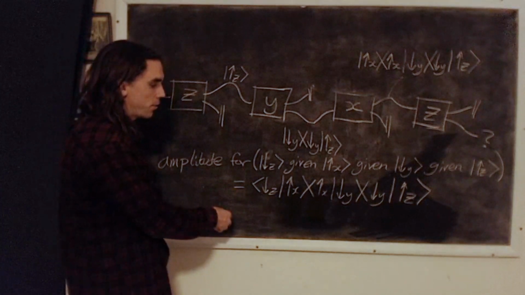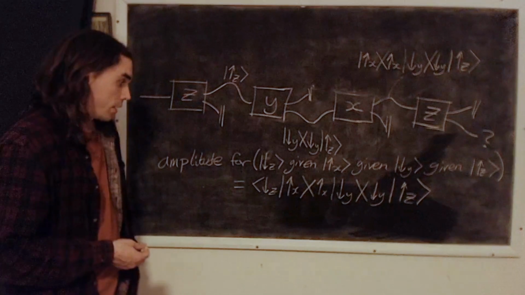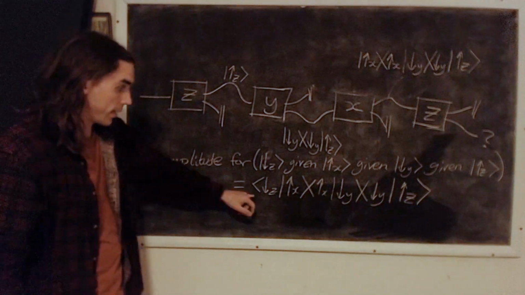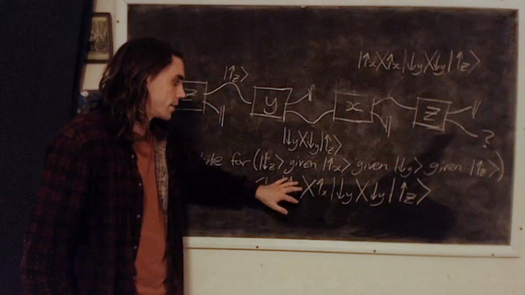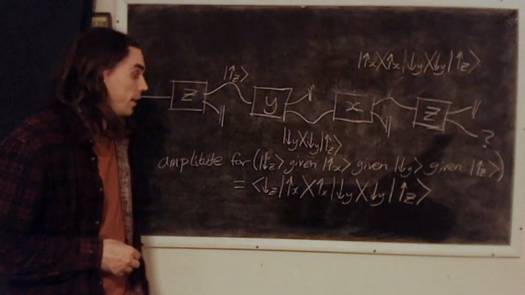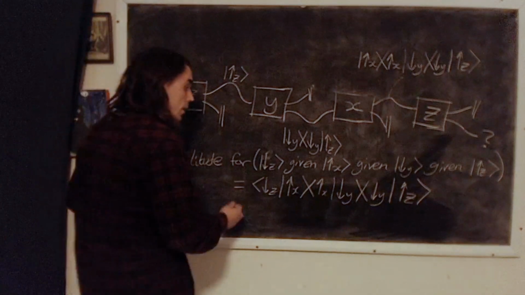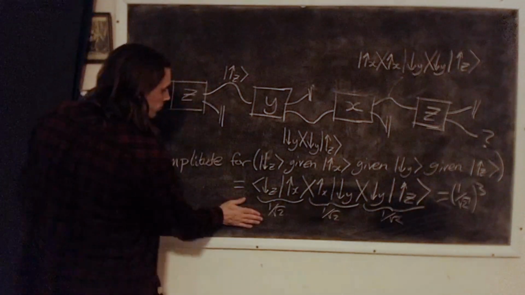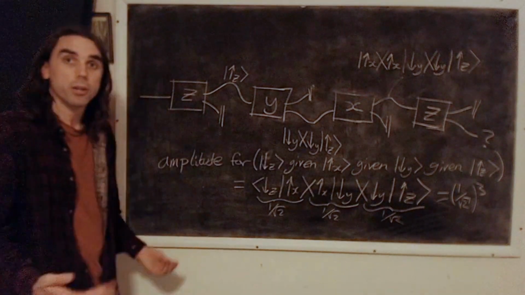And we happen to know that each of these different things, you can work it out using the matrices, or we can just use the fact that the probability for it being measured in any particular given state in z, given a certain state in x, and the same is true for any orthogonal measurement, the amplitude must be 1 over root 2, so the probability is a half. So we get the following, 1 over root 2 cubed, and so the probability is 1 over 2 cubed, which is 1 over 8.